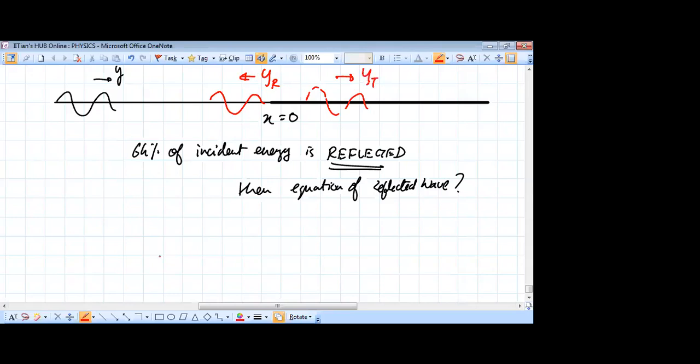Let us also understand. The incident one had the equation which was already given to us: E sine(kx minus omega t plus 30 degrees).